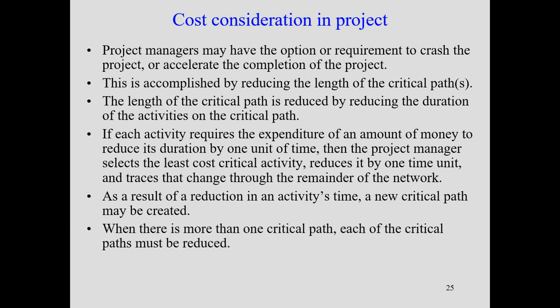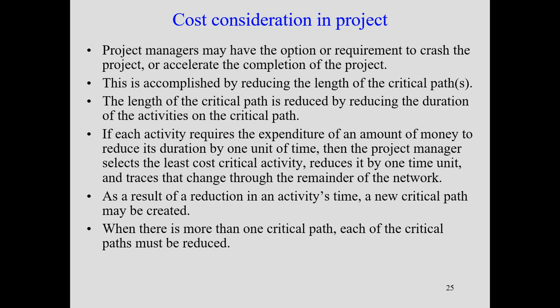And sometimes when you crash one particular activity, the critical path itself may change, or we may have multiple critical paths, and that makes the network more complex. So if there is more than one critical path, then we have to control both critical paths in order to crash the project.